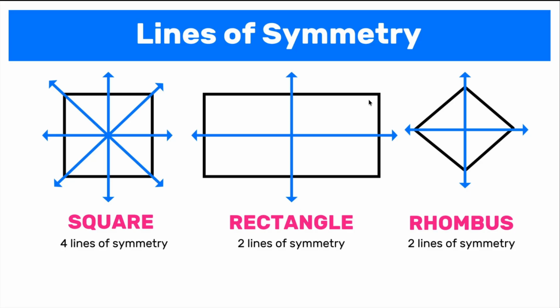The reason it cannot go diagonally, even though these triangles would be congruent, is that if we folded this in half, it would not overlap exactly. A rhombus is just like a square, except it doesn't have 90-degree angles, and so it only has lines going from the corners instead of the sides.